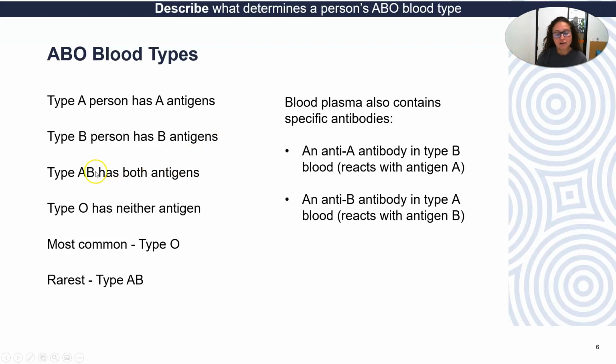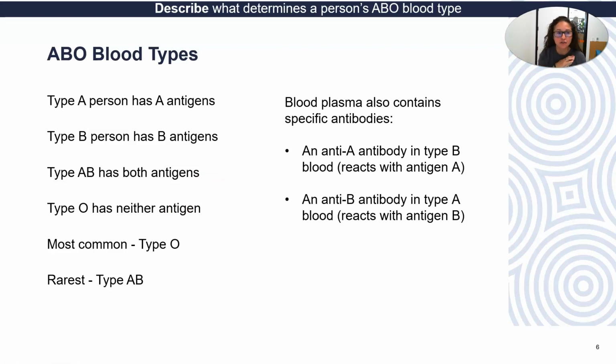If you have type AB blood, you have both A and B antigens sticking out of the plasma membrane of your red blood cells. If you have type O blood, you don't have any antigens sticking out of your red blood cell.